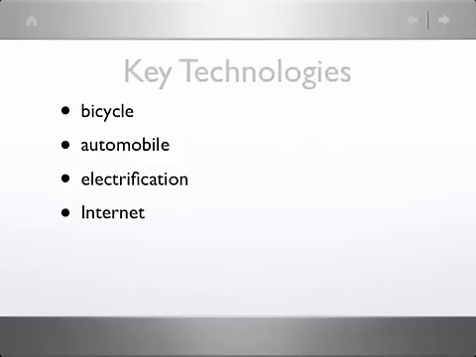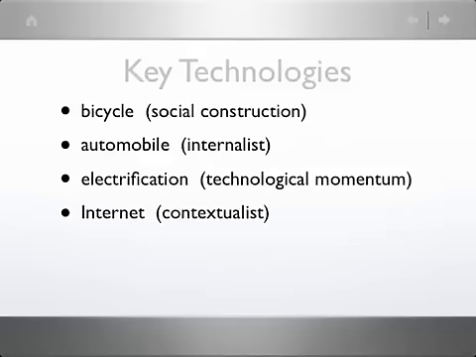And he uses each of these 4 technologies to exemplify a particular one of the concepts that he's discussing in this chapter. So he uses the history of the bicycle as an example of the concept of social construction of technology. He uses the automobile as an example of internalist history of technology. He uses electrification as his main example in explaining the concept of technological momentum.